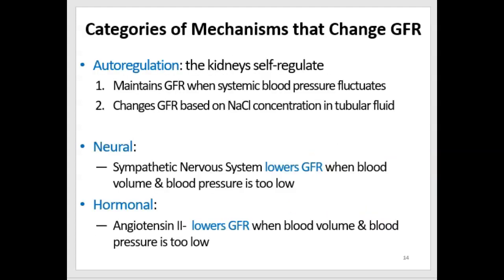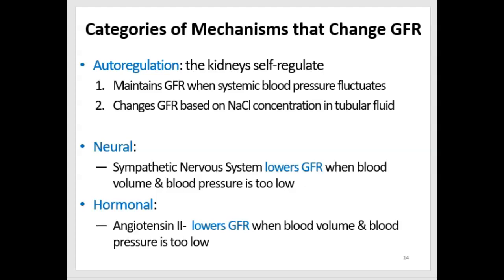And so now we're going to look at ways that glomerular filtration can be changed, the rate at which it occurs. And there's 3 categories of mechanisms. One category is called autoregulation, and what it means is there's a mechanism within the kidney that self-regulates how fast GFR is.